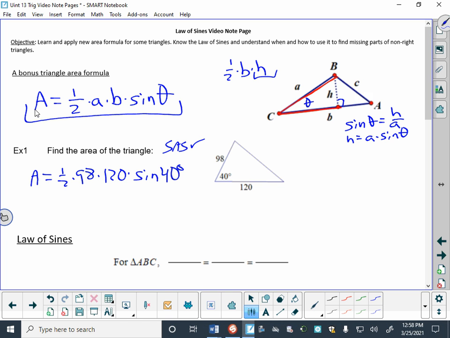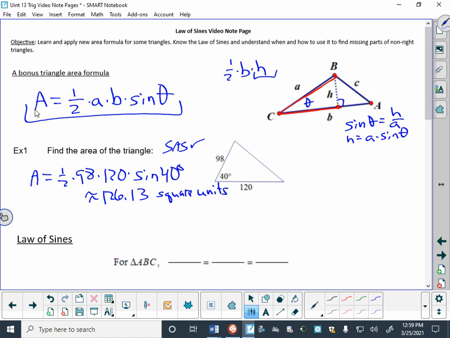I will do 1/2 times 98, which is 49, times 120 times the sine of 40. My calculator tells me that is approximately 126.13 square units, whatever the units happen to be.